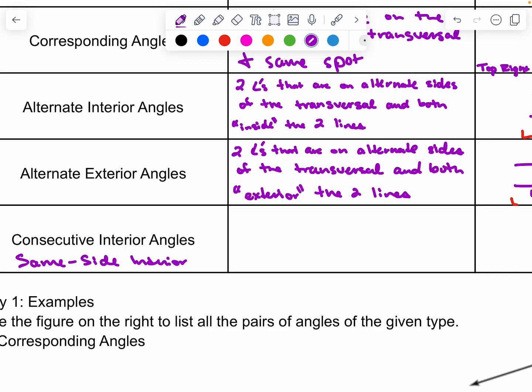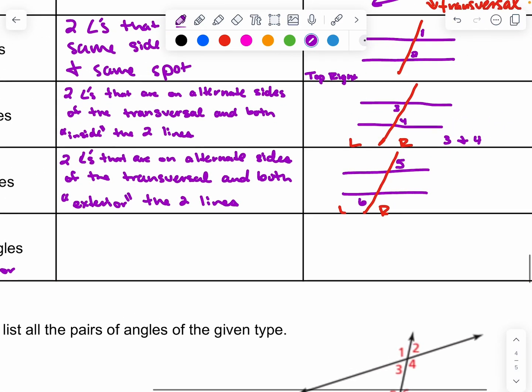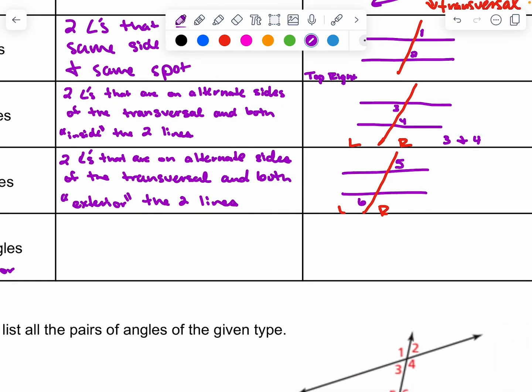It's a hard habit to break after I've been doing it for 10 plus years this way. Just different curriculum coming in to a different school district, and this is what they call them. So I just wanted to give you a heads up. They are the same thing. You probably will just hear me phrase it as same side interior. But anyway, consecutive interior angles.